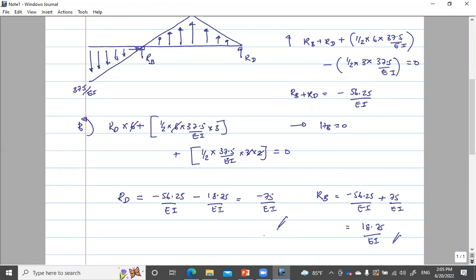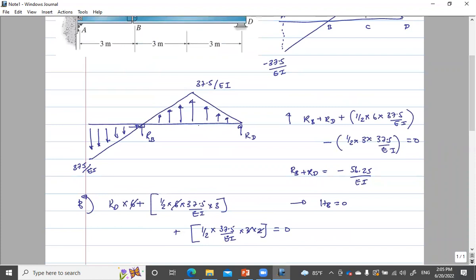So in the previous example, we were interested in finding the deflection at C. So that is the point C here. So if I cut the conjugate beam here, then I can expose the bending moment and shear force, right?